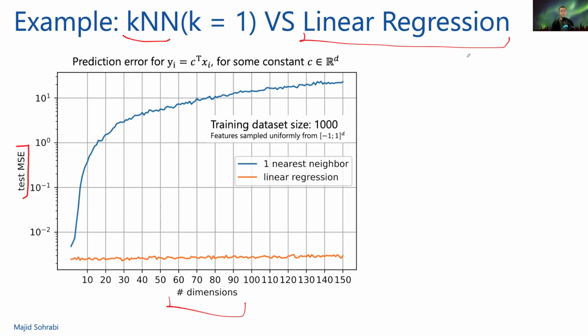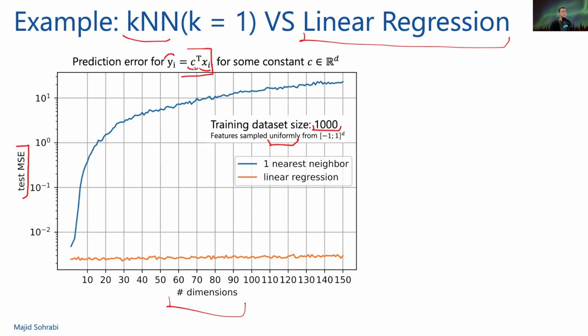For a particular dimensionality D, I uniformly generate points in the hypercube between -1 and 1. For the training data set, I generate 1000 data points. Then, using some rule of true dependency, which is basically a linear combination of the features, I obtain the true Y for my problem. For each of these feature vectors, I generate a fixed random vector C, which is multiplied by the features to get my target.